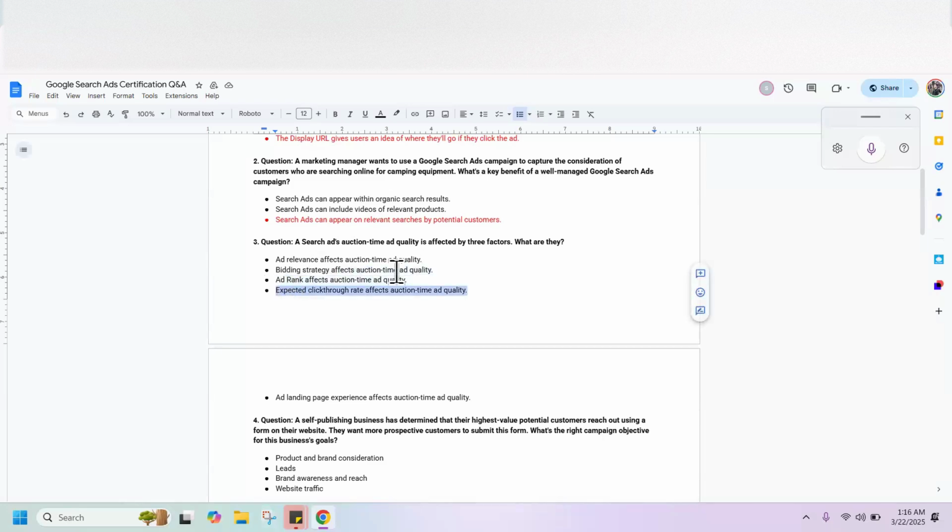So that's one. Yes, CTR. Expected CTR means if you have more than 4% CTR, this is good. That's another one. Yes, relevancy. What is this?